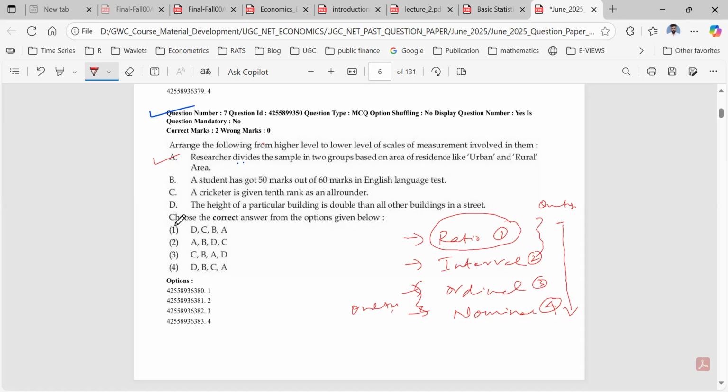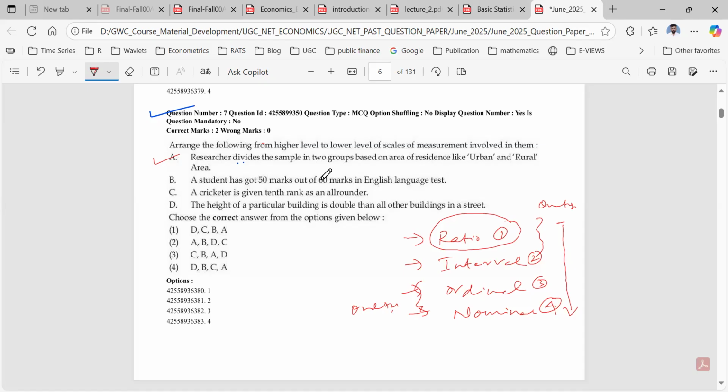So which one will be the correct answer, you think? Any idea? Sangeeta? Sir, I think option C is ordinal scale. A cricketer is given 10th rank as an all-rounder. Okay, let me explain with the reason.